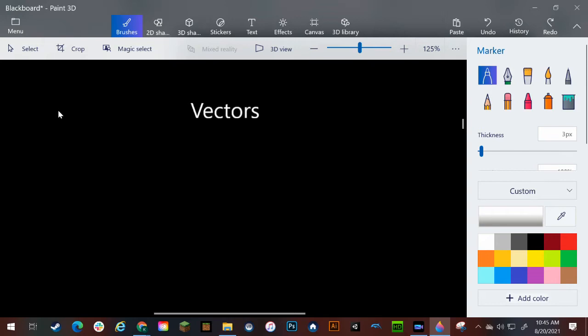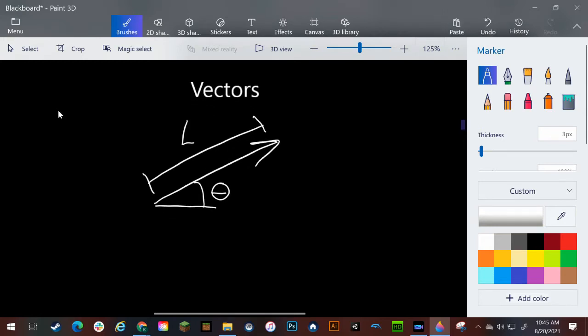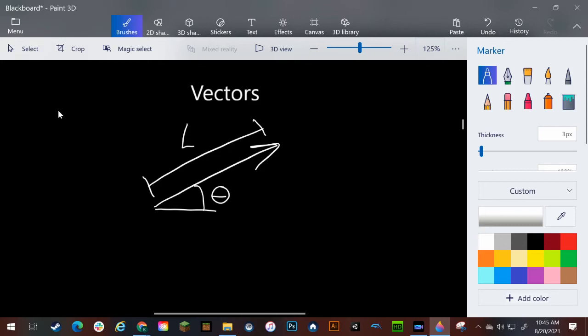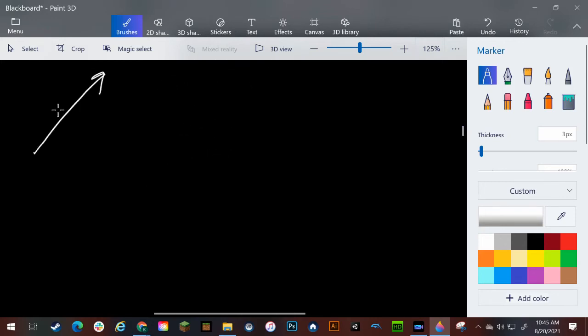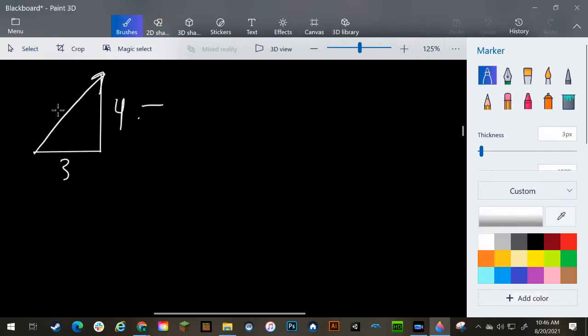Vectors are just arrows that have a specific length and direction. And mathematically, we just represent them using a list of numbers. It's a lot like how a point in the xy plane is just a list of x and y numbers.